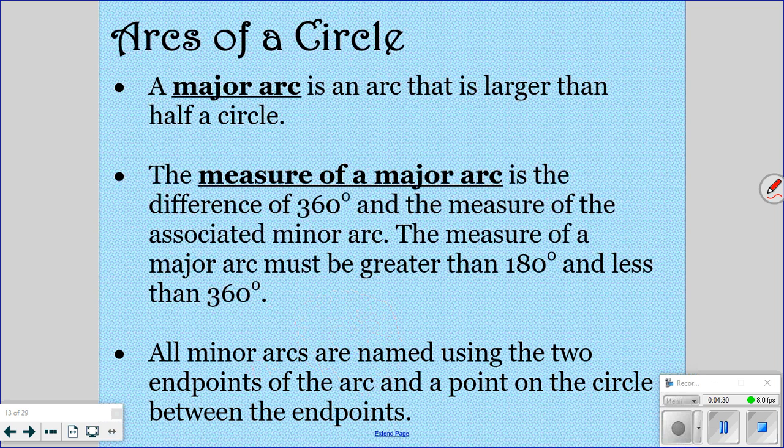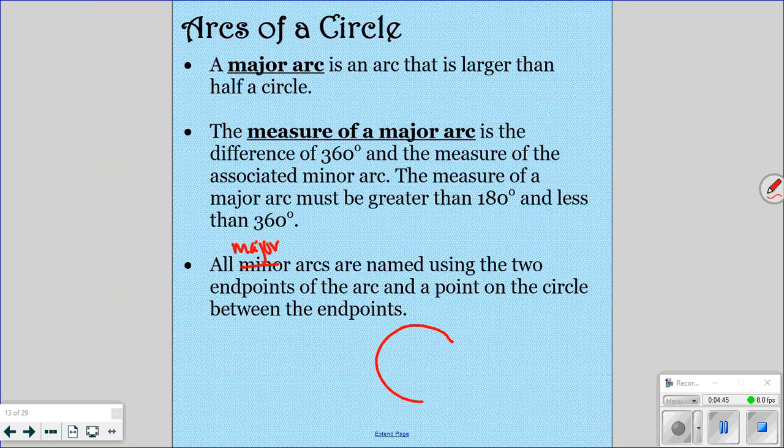And then all major arcs are named using the two endpoints of the arc and a point on your circle that's between the endpoints. So if we have a circle and we have A and B, and if I said AB, that's just going to assume it's the minor arc.